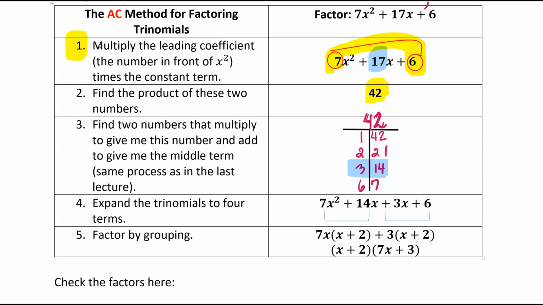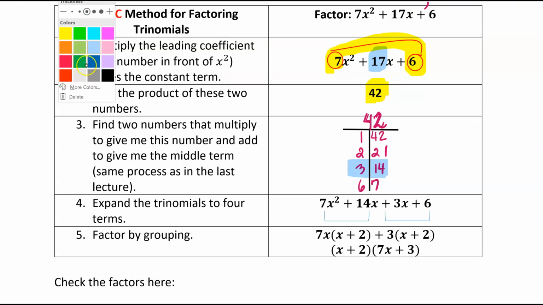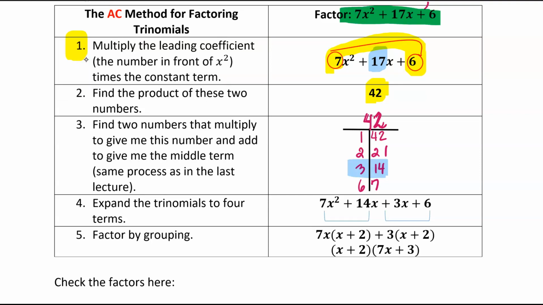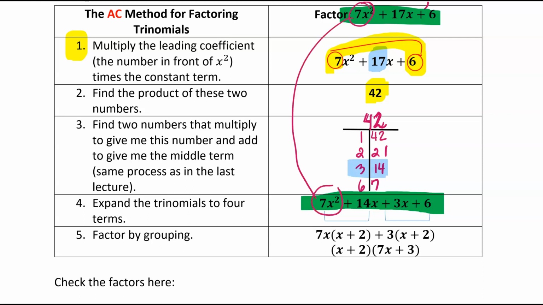Now, the next step is different. We're going to expand this trinomial here. Erase this. We're going to expand the trinomial here into 4 terms. Now notice that the 7x squared is the same, and the 6 is the same on the ends. So the ends are the same, but what is different? The middle is different.